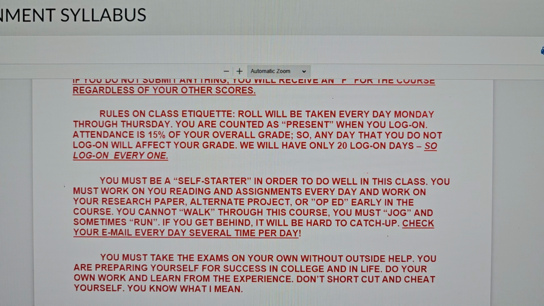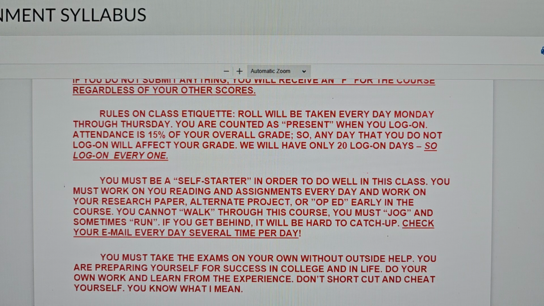You can work together on those, even your research paper and everything. But on your exams, you do that all by yourself. You don't get your big brother or big sister that you think's smarter than you are to do it for you. So just on your exams, you do those on your own. You don't get help.